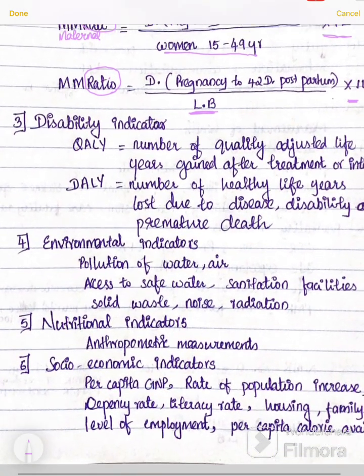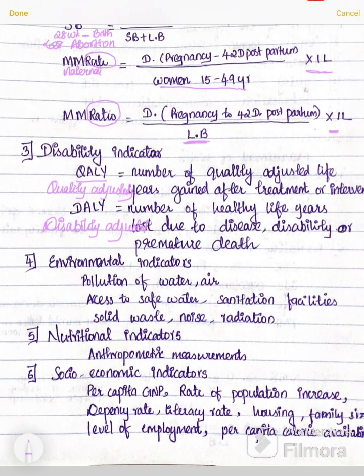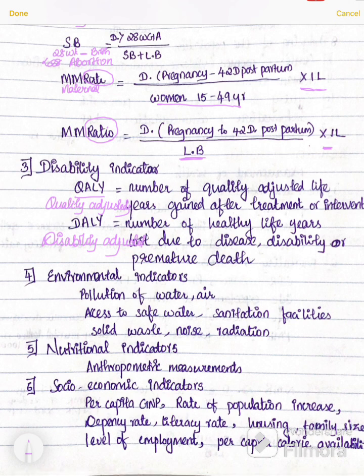Now the next indicator is disability indicators. Quality adjusted life years, QALY, and DALY is disability adjusted life years. So what is QALY?